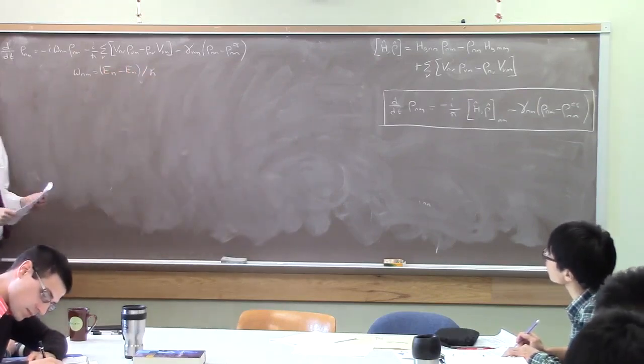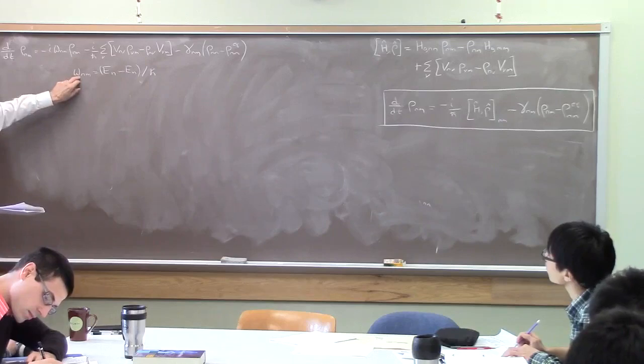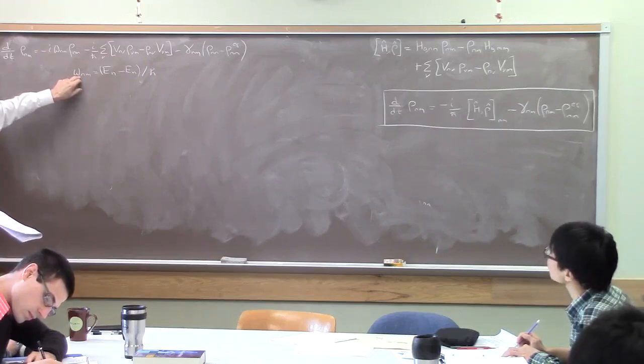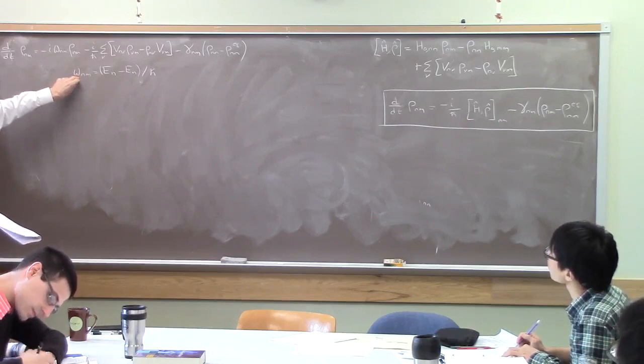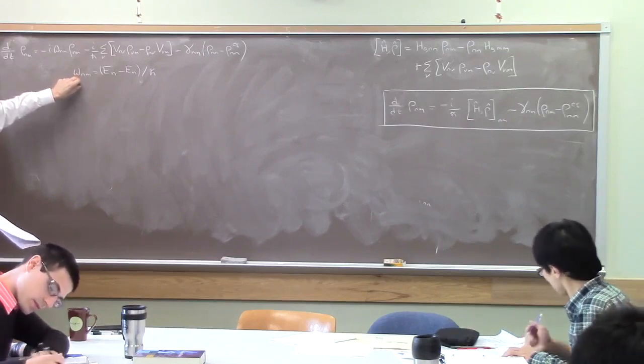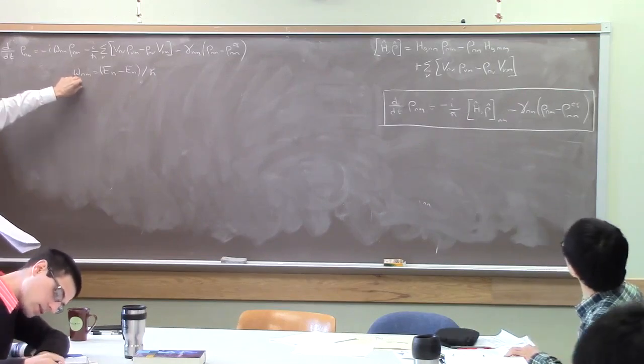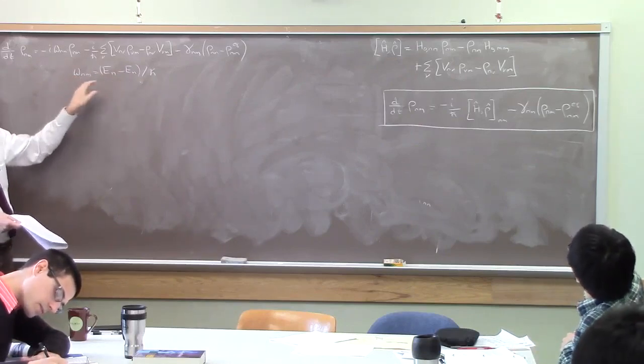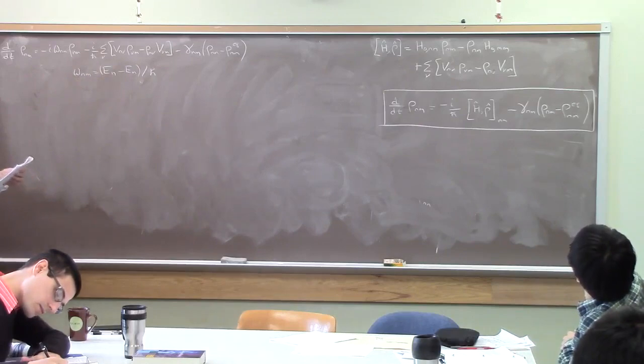So I've introduced the definition of omega NM, which is what you would have guessed, I hope. Or at least this is very conventional in optical physics, that omega NM is the energy difference between level N and M, written in this order, divided by h bar.